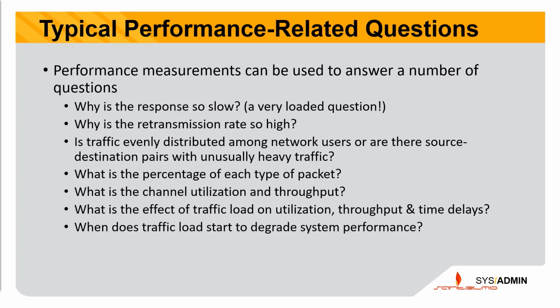Next, when does traffic load start to degrade system performance? For example, in a school, if you have a class at 7:30 in the morning and you came in early at 6 o'clock, you're going to have good internet access. But as the number of students on the campus increases, you will experience some degradation in internet access. That is because a bulk of users are trying to access the same resource that you are accessing.